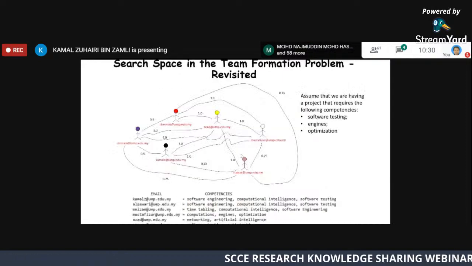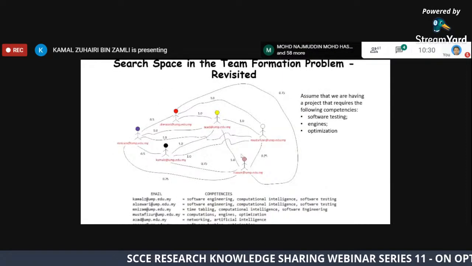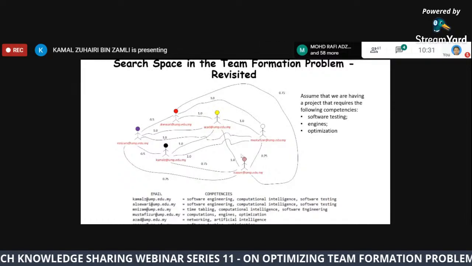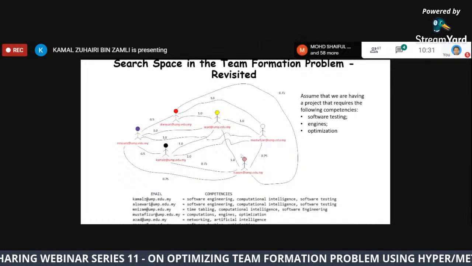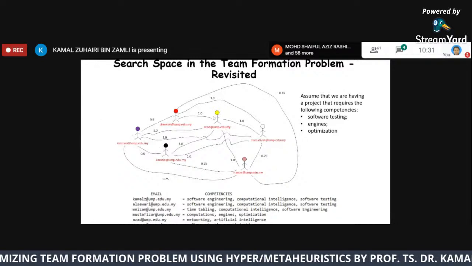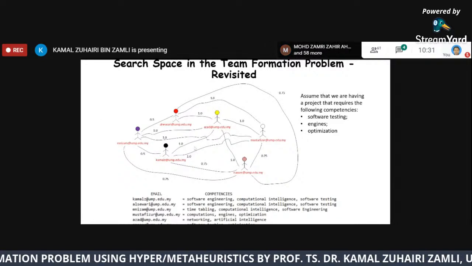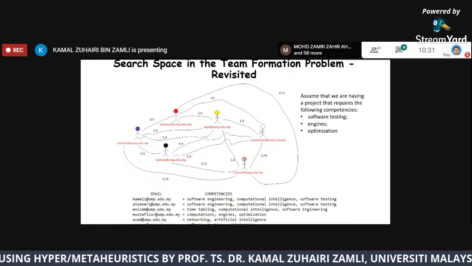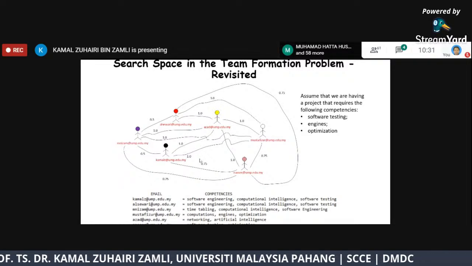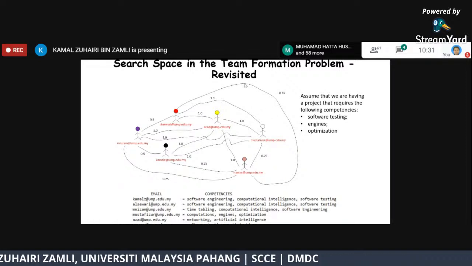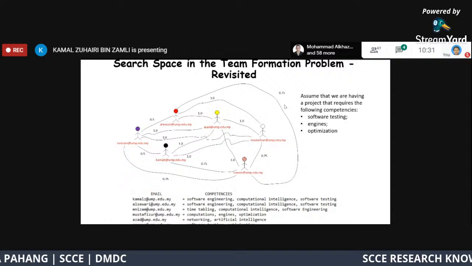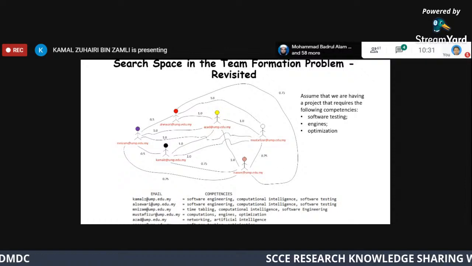So, the search space in the team formation problem. The search space is actually the interaction between each individual node, or individual person, in the graph. Basically what we did is we built a graph, and this graph has an arc representing the cost of interaction between each individual.